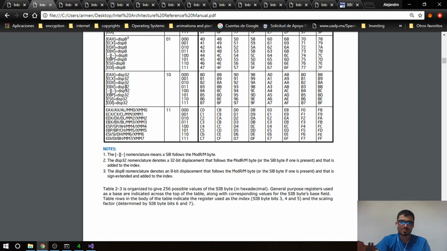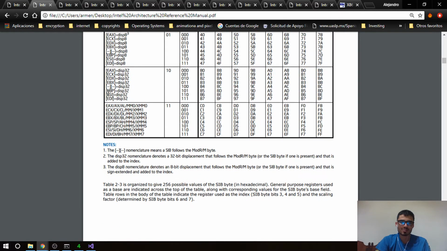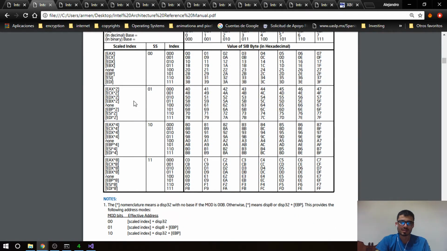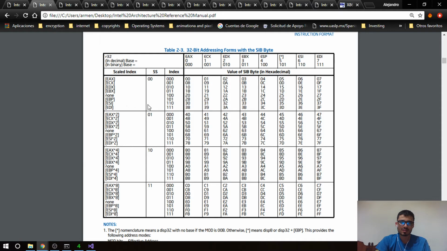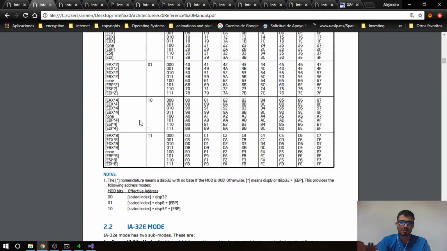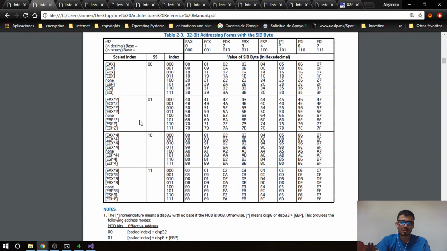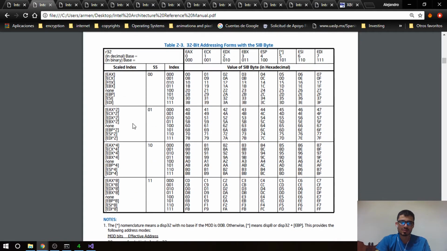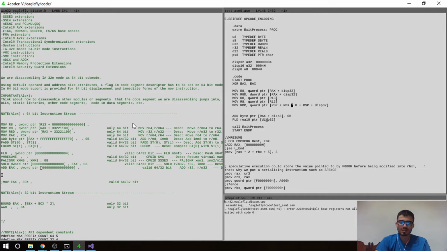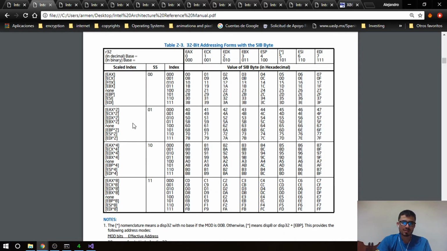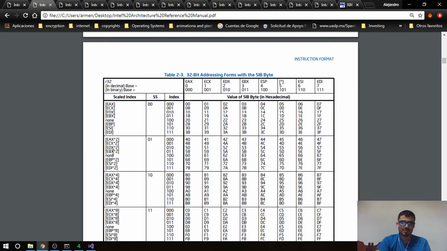So we kind of have RSP here. If we want to have RSP, it has to be displacement 32, so that's why we have a scale index. So it has to be this. We can have RSP here, but we can have it here.